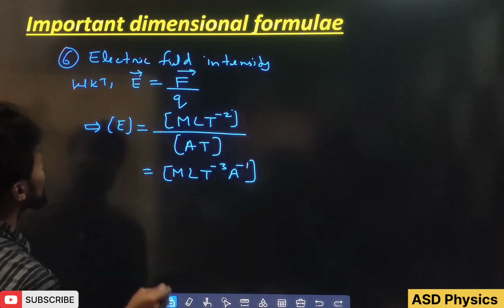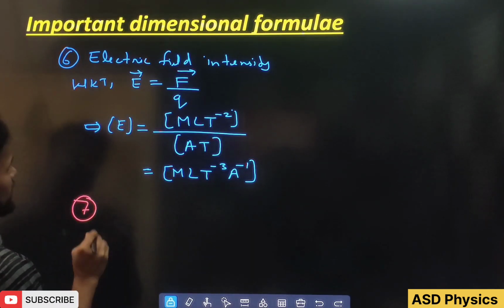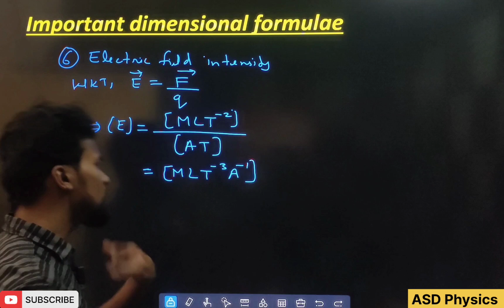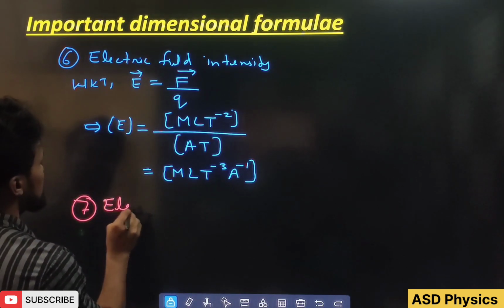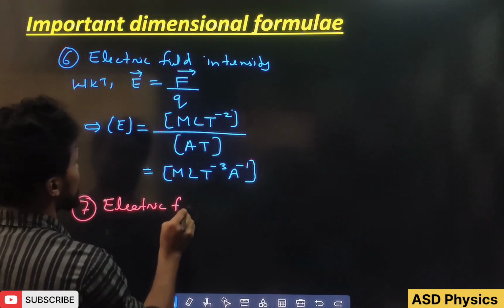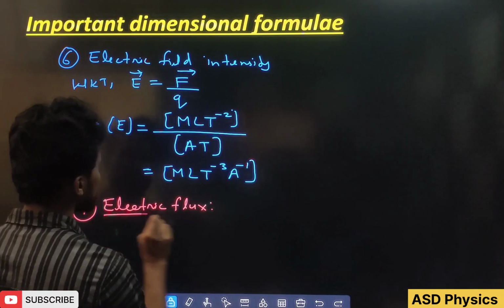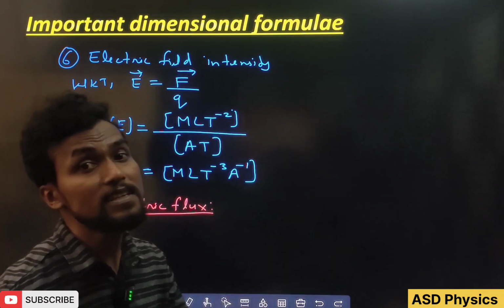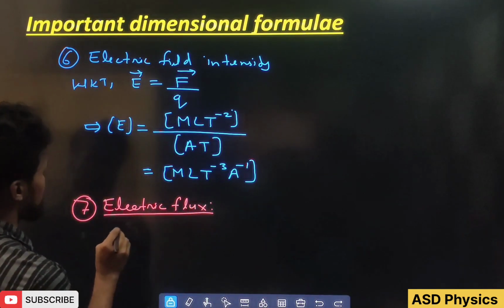That is the electric field. Next, let's take electric flux. Later you will see that for electric flux, area is considered a vector quantity because the orientation of the area matters.